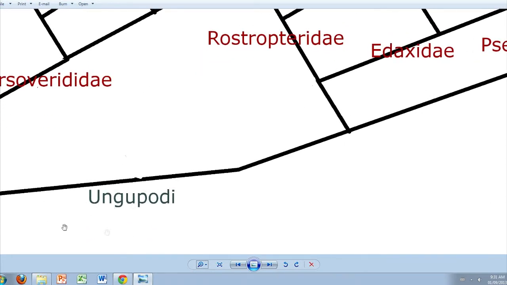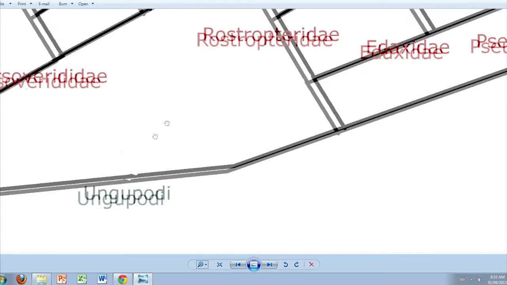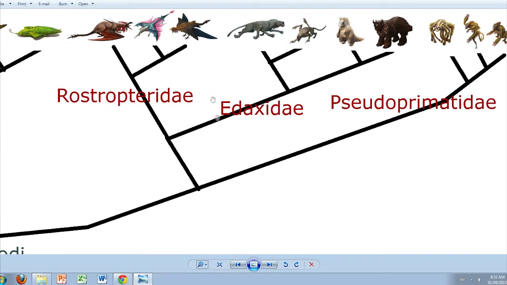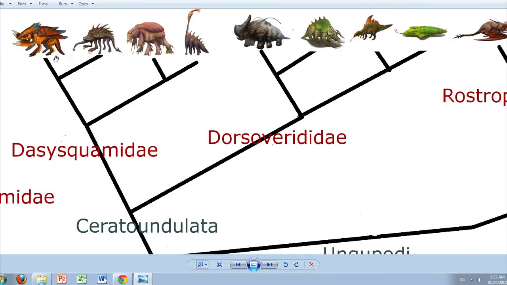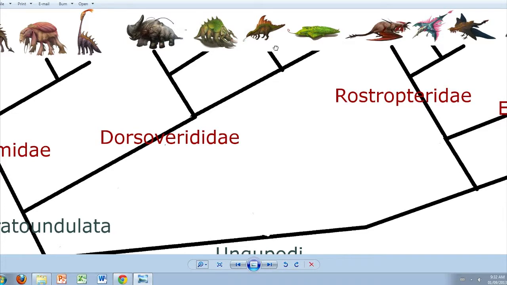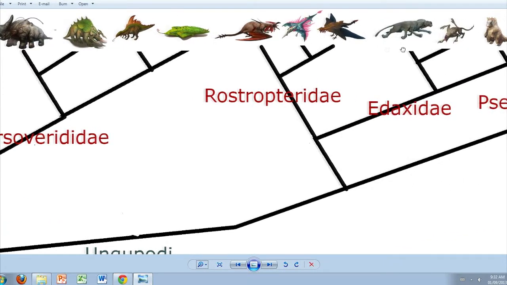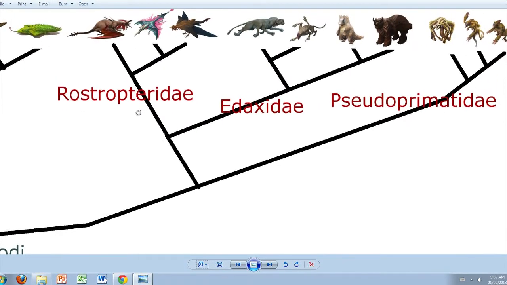Ungupodi means clawfoot, clawed feet, and that's because these animals all share, for the most part, claws on their feet, with more opposable digits, as opposed to these guys, which for the most part don't have those opposable digits, meaning grasping digits.